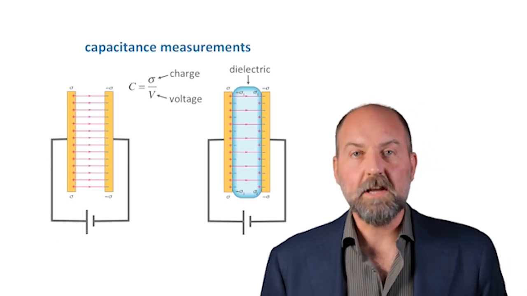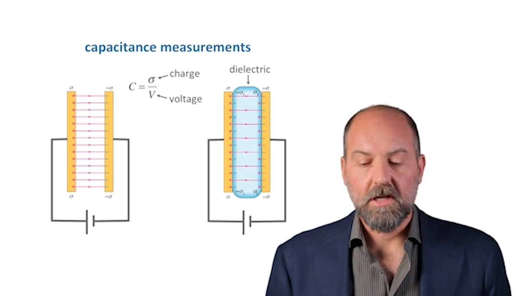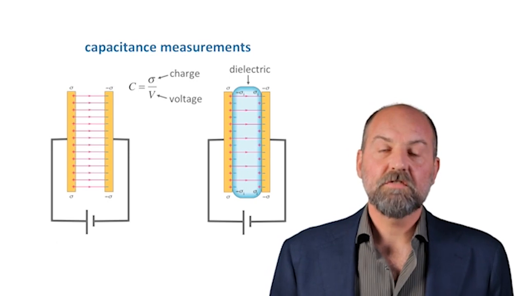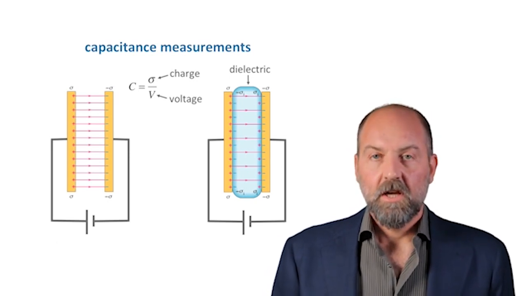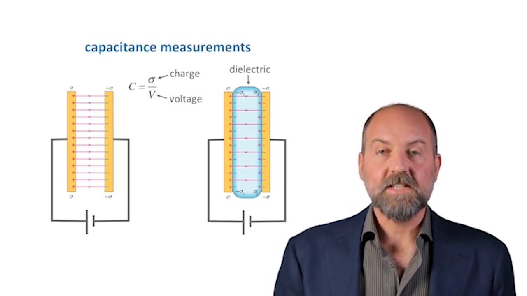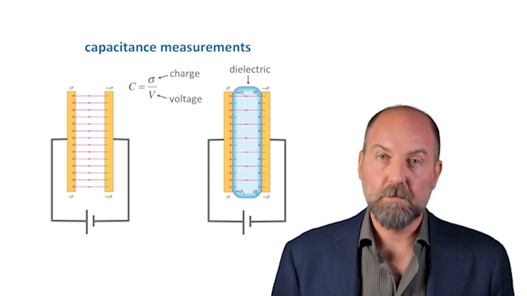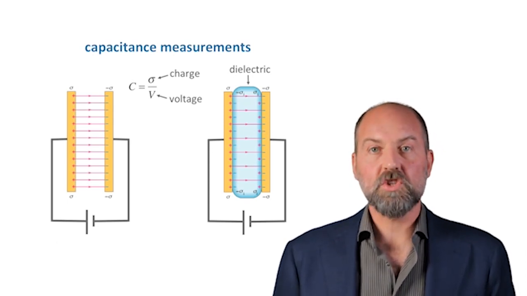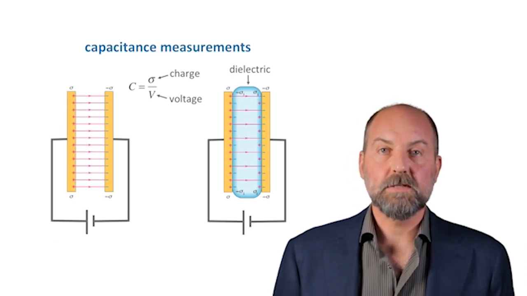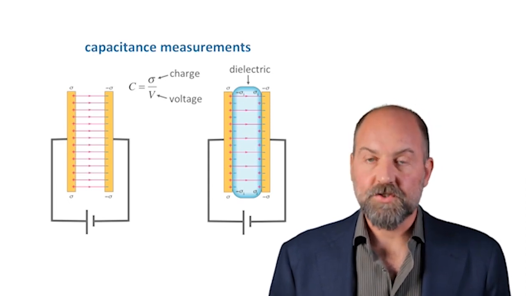Now, let us consider the same system, but let's put some dielectric material in between. If you remember the polarization phenomena we have discussed before, it wouldn't surprise you that in this case, the electric field is lower than it was before. And that is simply because the formation of dipoles within the dielectric material neutralizes part of the surface charge that has naturally formed on the electrodes.